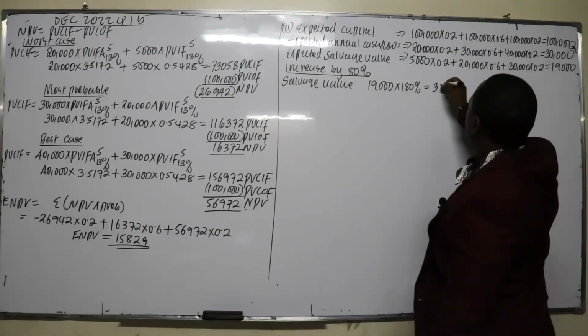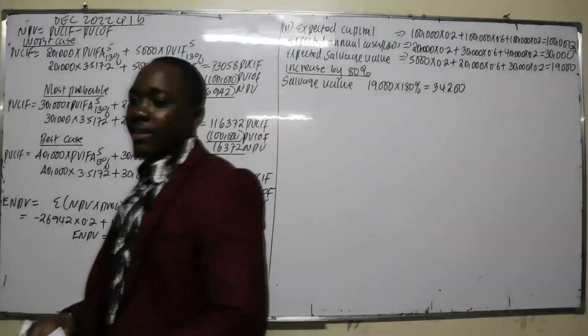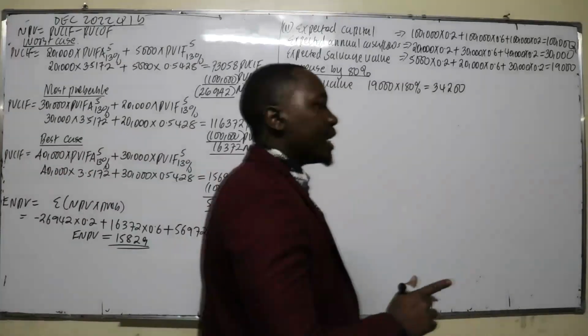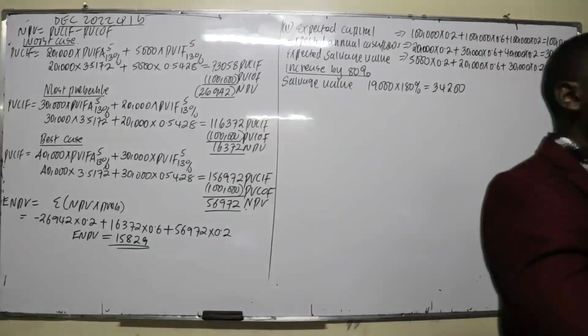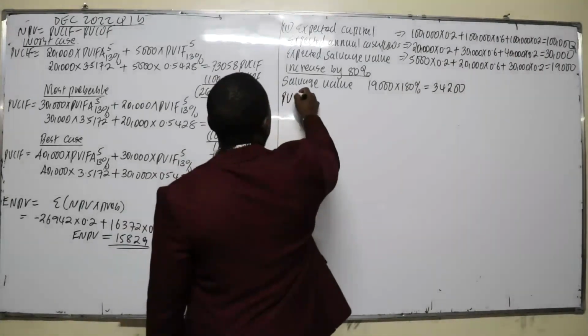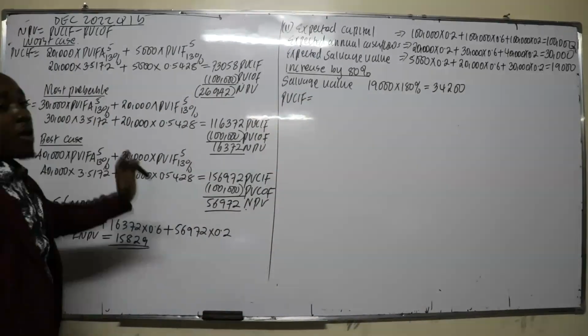That's 34,200. Good. Now let's get NPV. And remember, I said that under impact analysis, we compute the percentage change in NPV. So we compute NPVs. To get NPV, present value of cash inflow, you do the way we did this. How much is the annual cash flows?